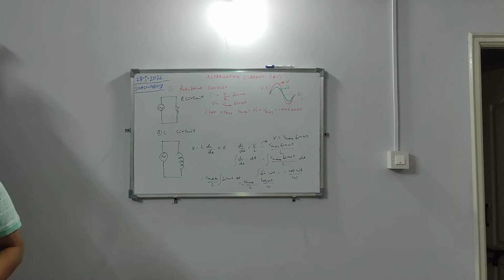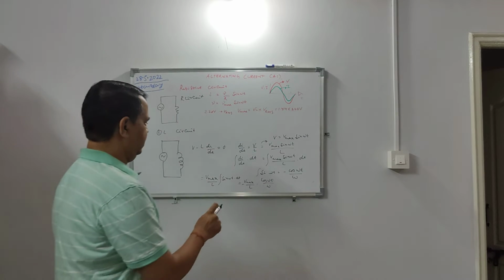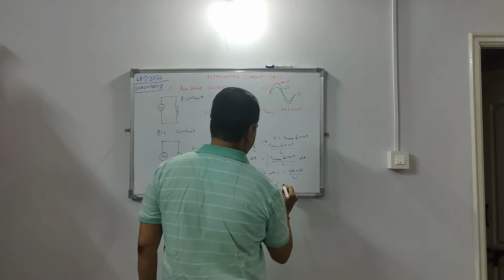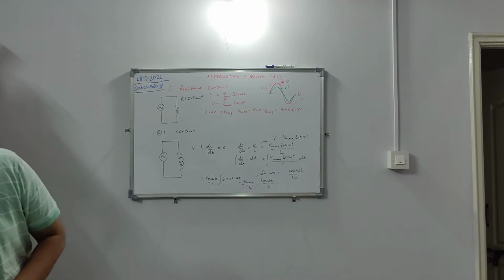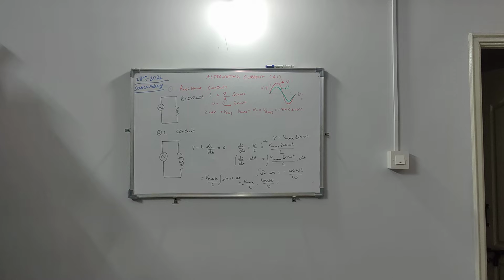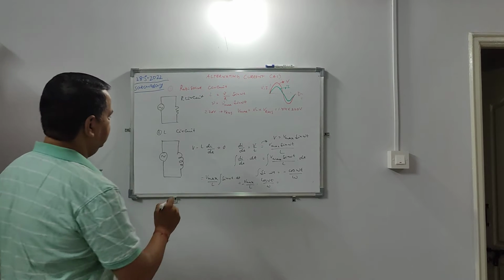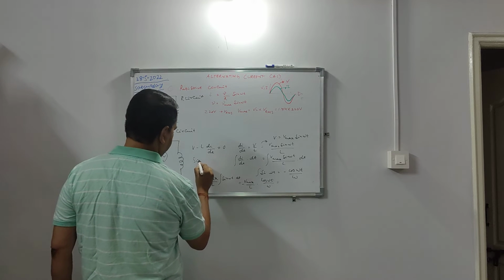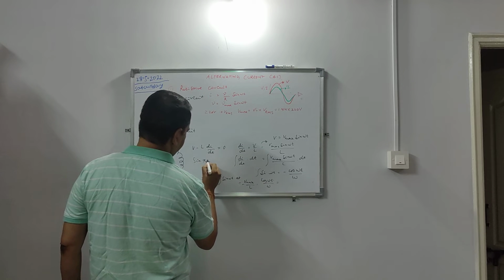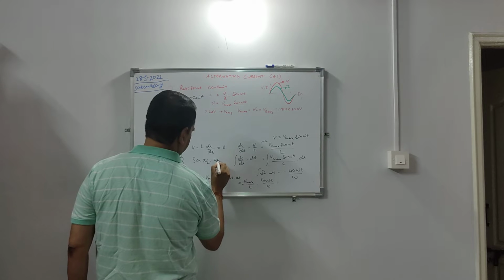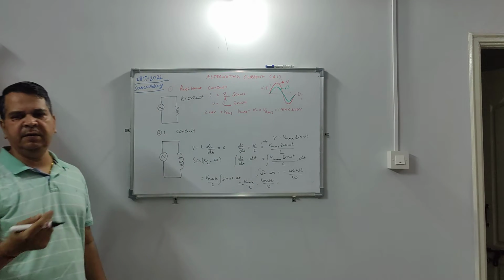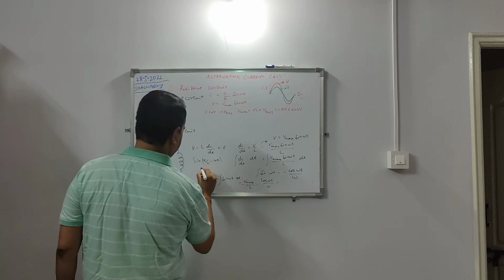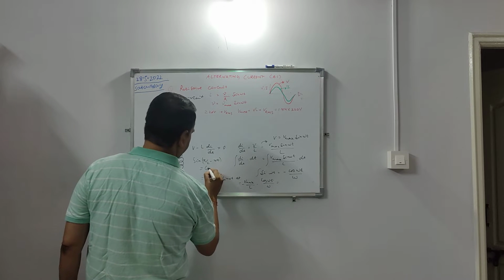So finally, if I simplify this equation, what is this cos omega t? We know sine of pi by 2 minus omega t, that is, sine of 90 minus theta, is equal to cos theta, which is cos omega t, right?